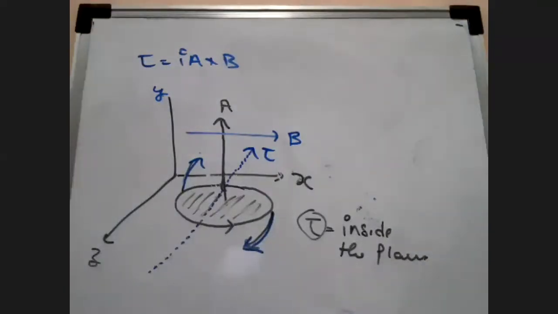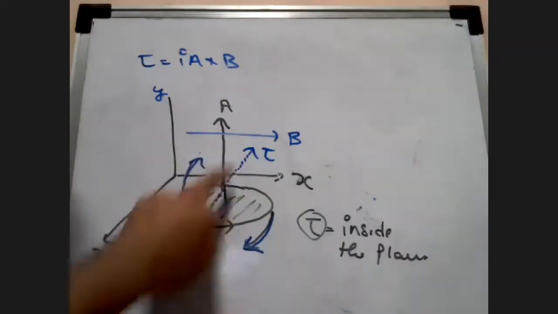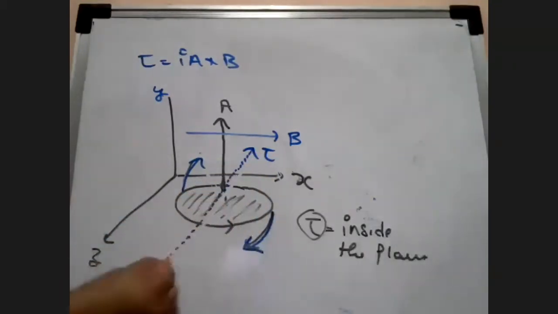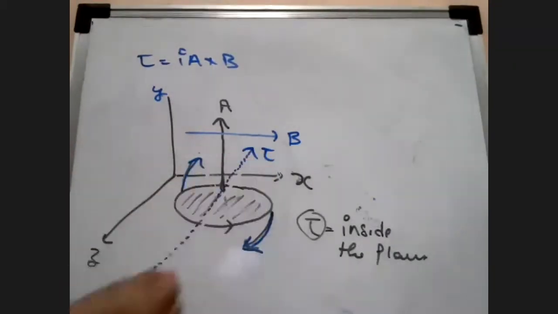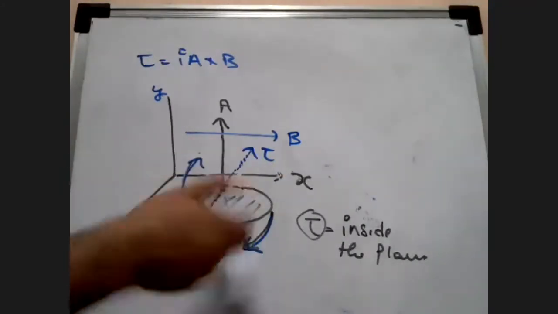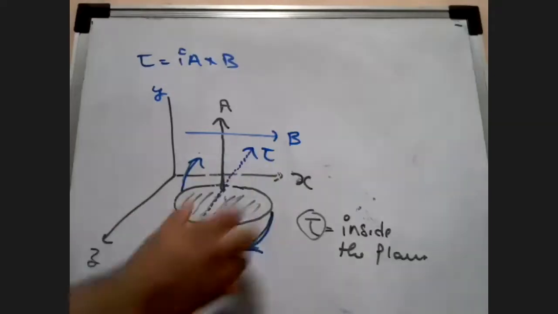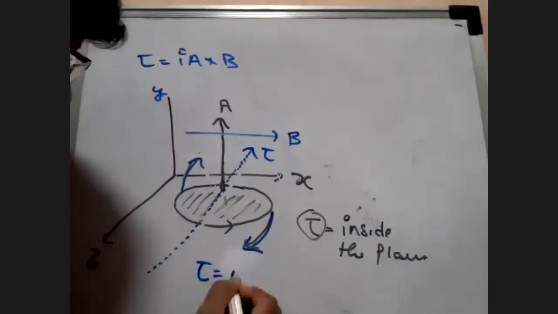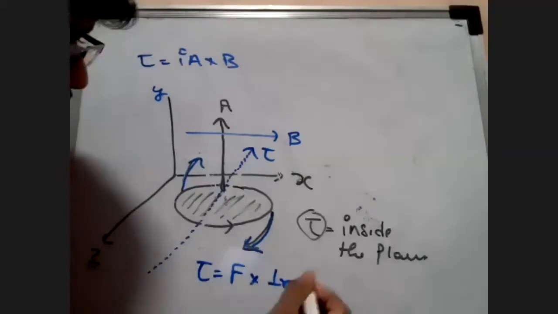If the torque is inside the plane, the torque is basically telling you the direction of the axis of this loop, at which the loop will rotate. The torque is force into perpendicular distance. Yes or no? Force into perpendicular distance.